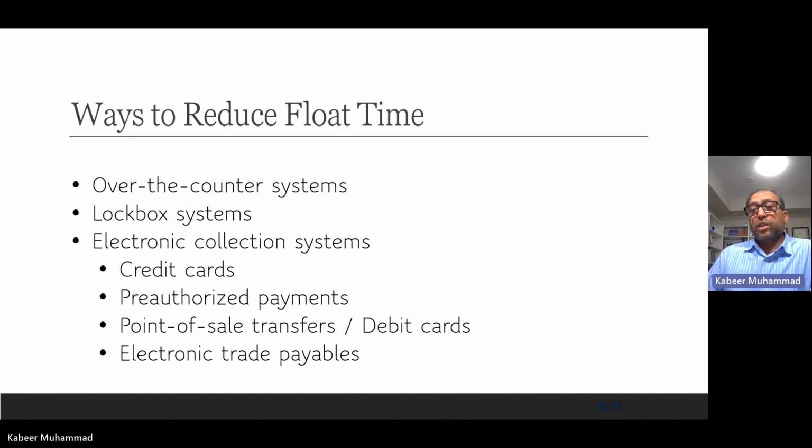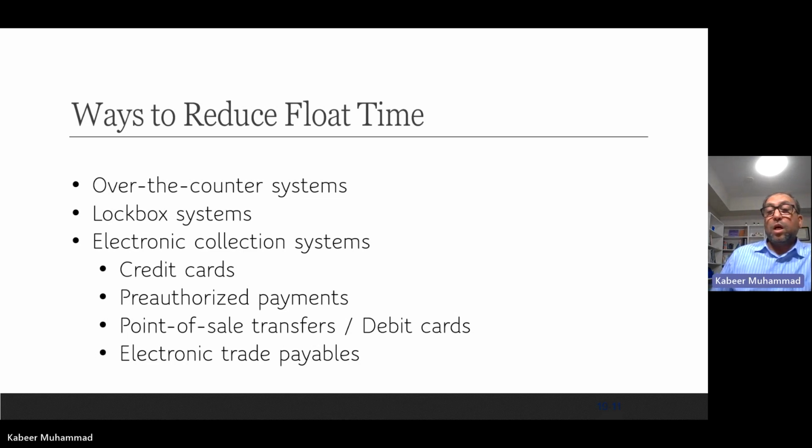Nowadays, mostly the electronic collection system is working. Mostly we are using credit cards to make payments, and pre-authorized payment cards. We are using our accounts to pre-authorize the payments, like on that day, transfer this much amount of money to my other account, or to this account, or to this person, or to this organization.